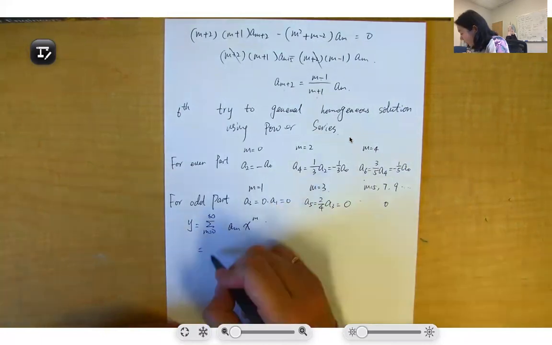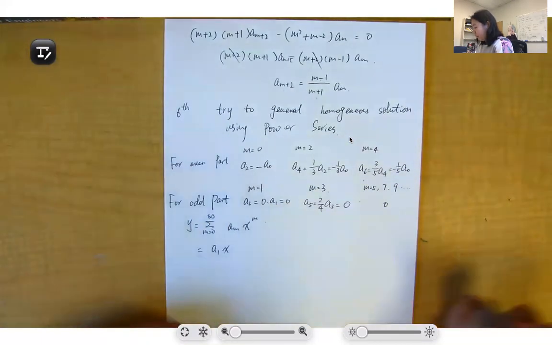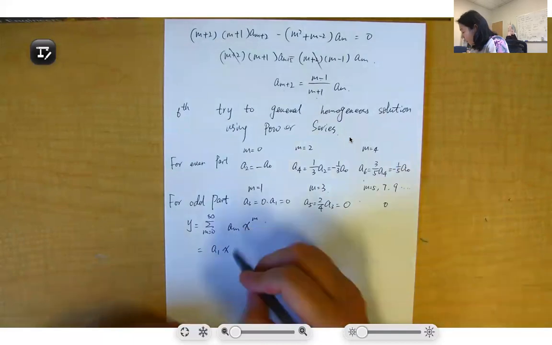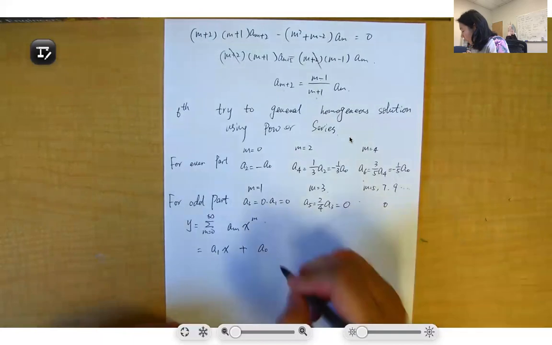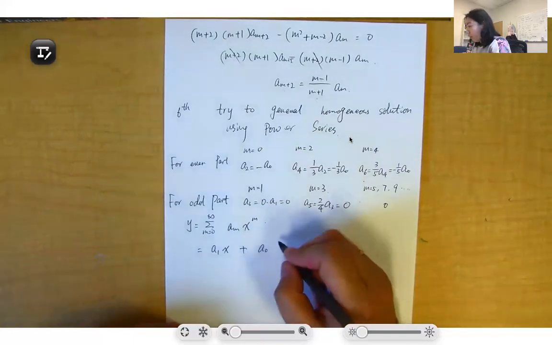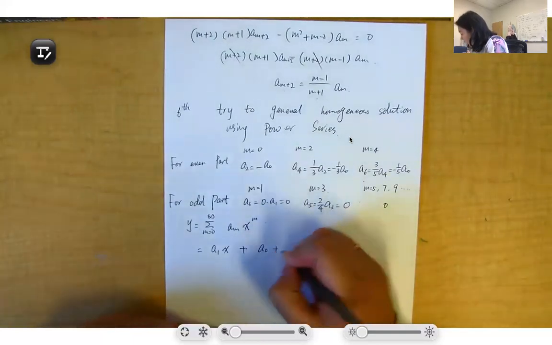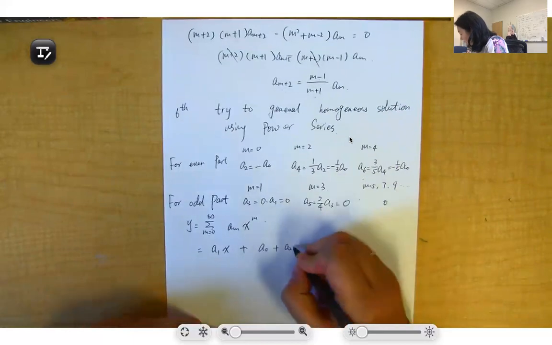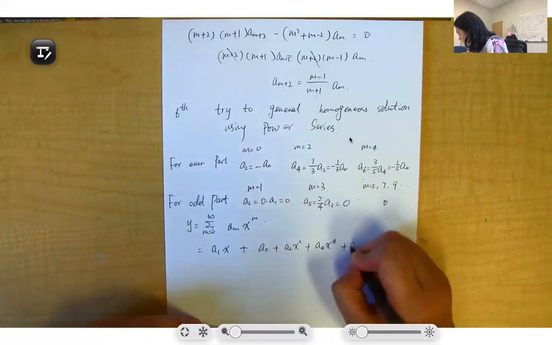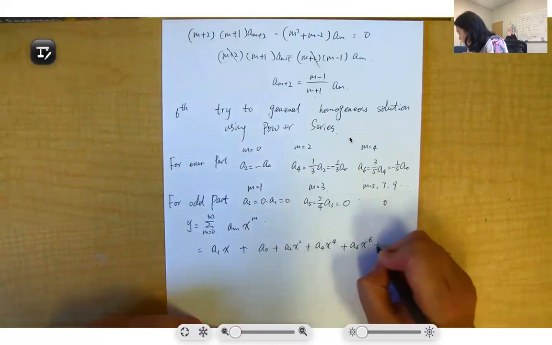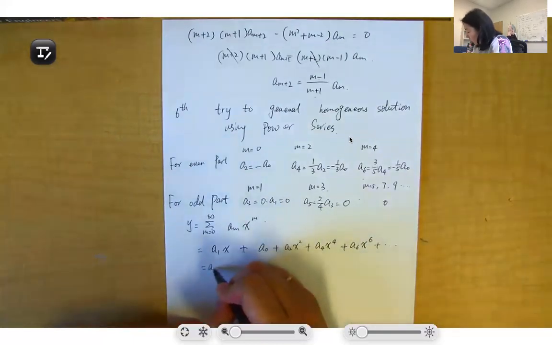We only have a1 here, so a1 x when m equals 1. For the even part, we start with a naught: a naught x to the zeroth power, which is 1, plus a2 x squared plus a4 x to the fourth plus a6 x to the 6 plus and so on, equals a1 x.